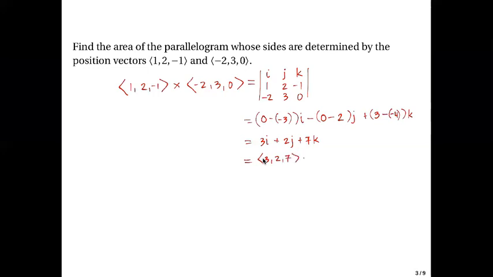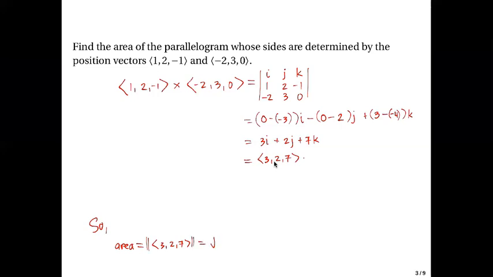So therefore, the area will be equal to the norm of the vector <3, 2, 7>.